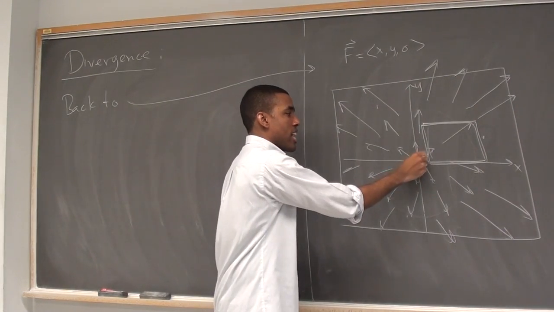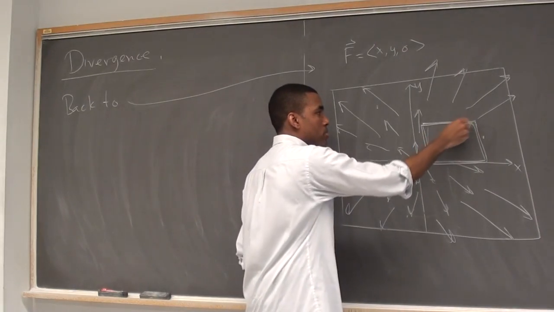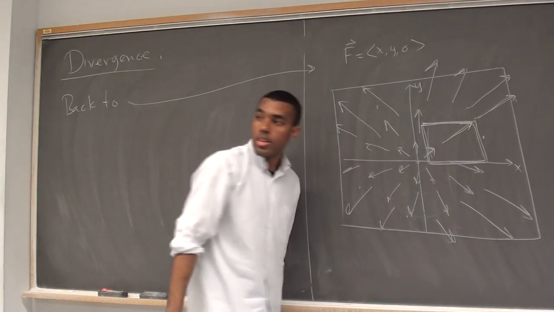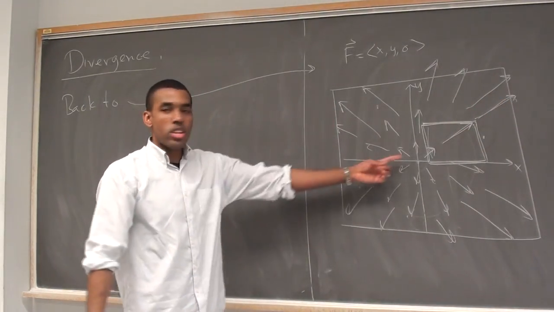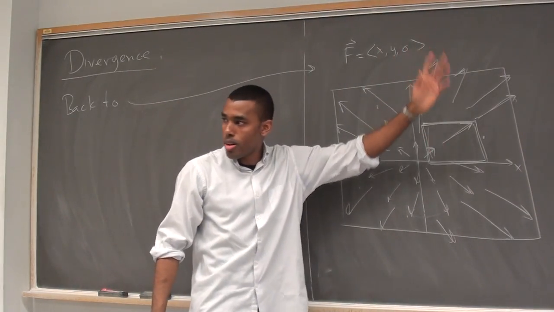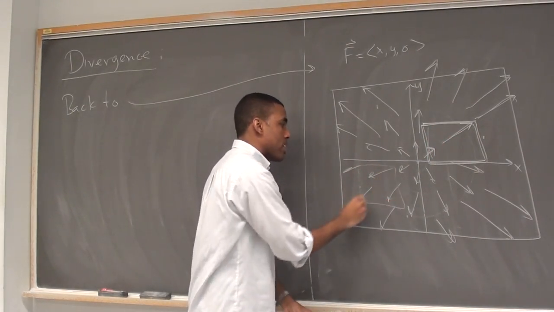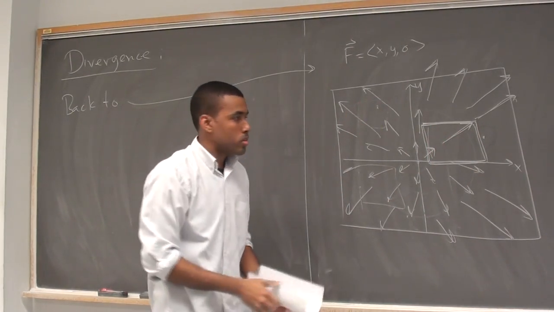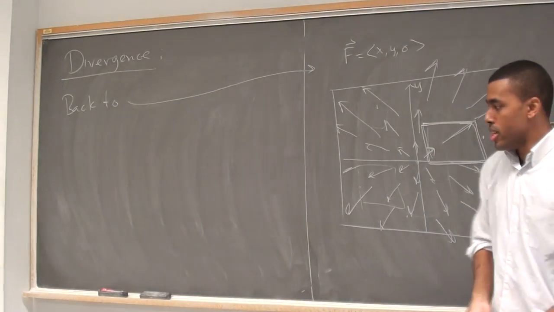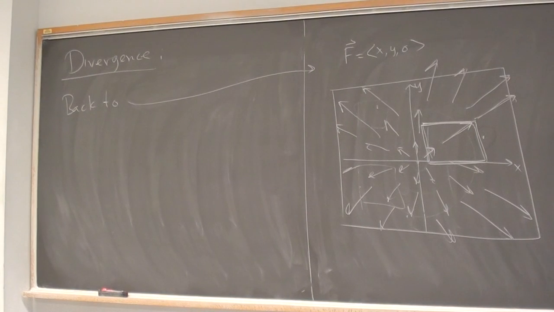Well, things that are entering, they're entering pretty slowly. But things are leaving pretty quickly. There's divergence going on in this region, right? Things are coming in slowly, but they're rushing out. So things are diverging within this region, and it's going to happen to basically any region you pick. So here, you're not going to expect the divergence to be 0.